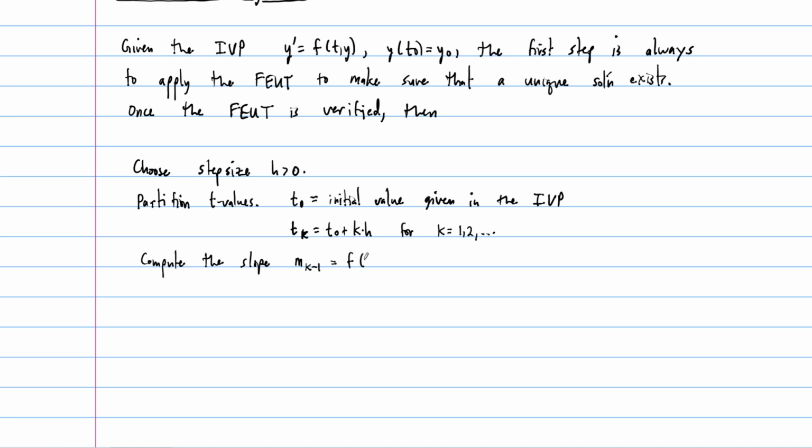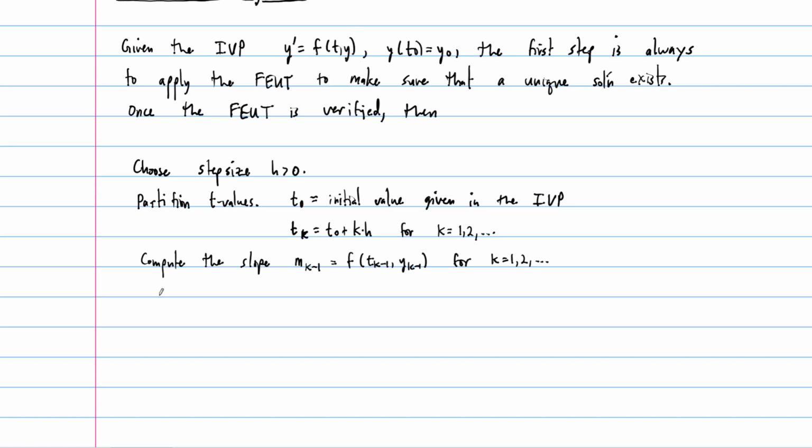This is going to be f of t sub k minus 1, y sub k minus 1. And this is going to be true for k equal to 1, 2, etc., starting at 1. So now, because this starts at k equals 1, we'll get m0. m0 comes from t0 and y0. That's our first one, the first slope that we're going to compute. And that comes, again, directly from plugging into the function on the right-hand side of the differential equation.